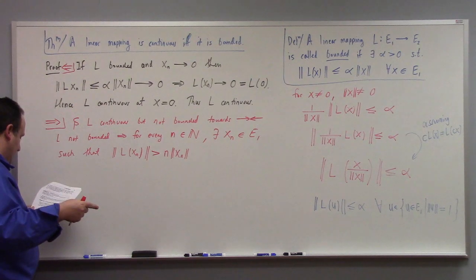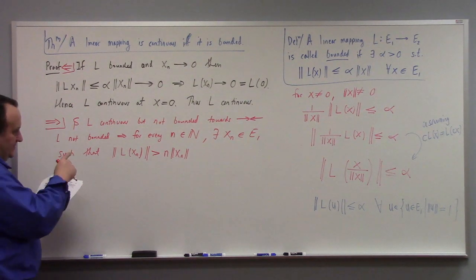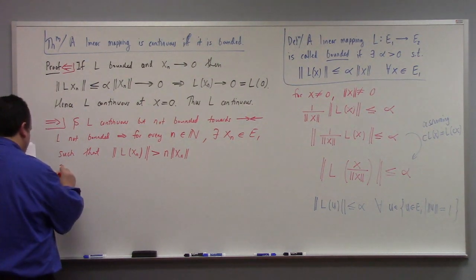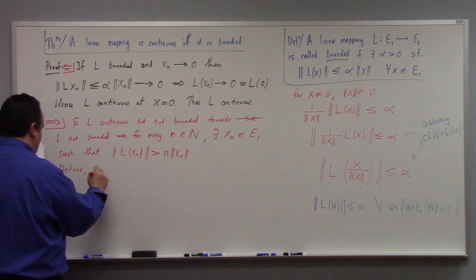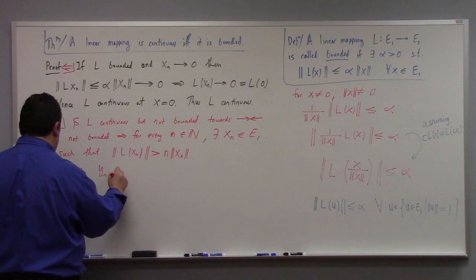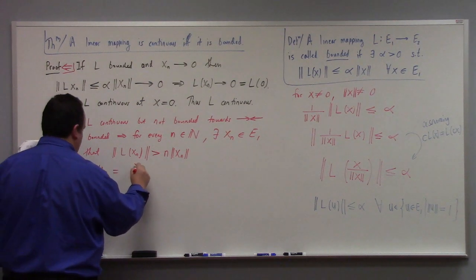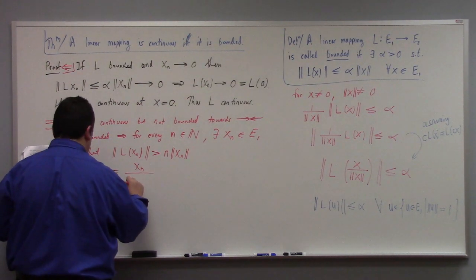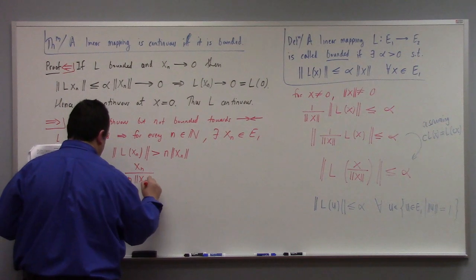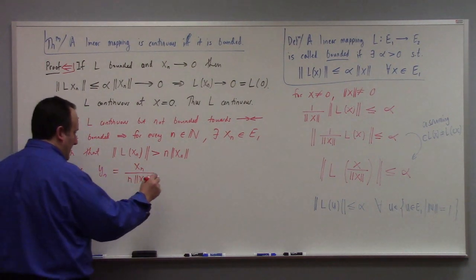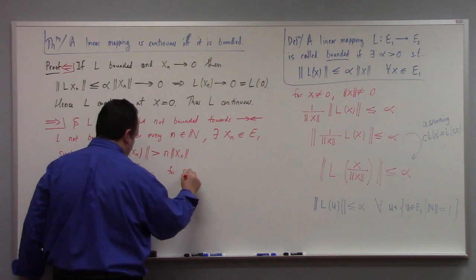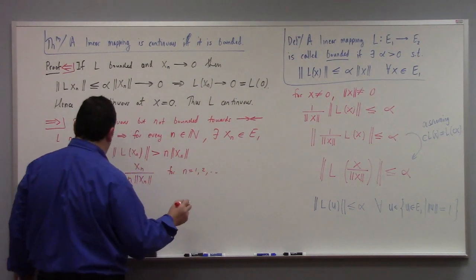Where was I? Oh, then he says define y_n, and I think this is pretty much what you're doing, Audric, isn't it? y_n is x_n divided by n times the norm of x_n. Because even if you say 0 is a natural number, then it's automatically bounded.